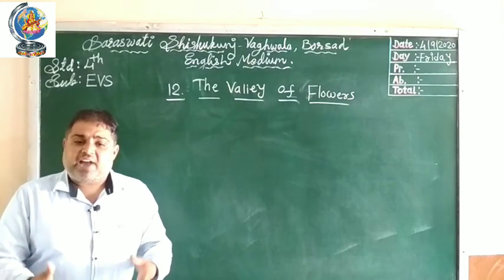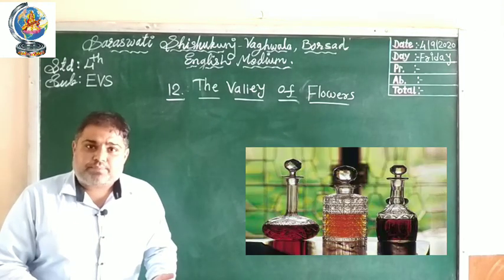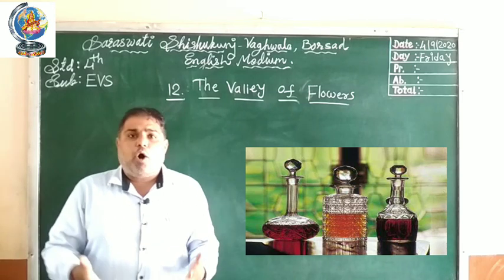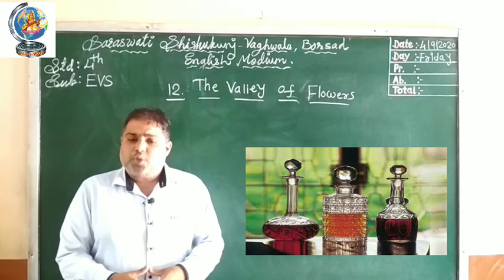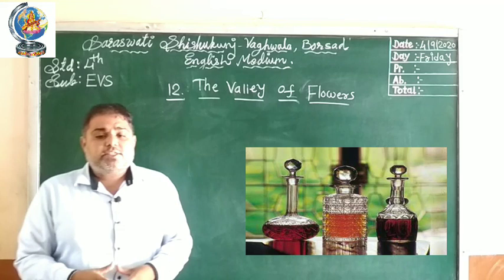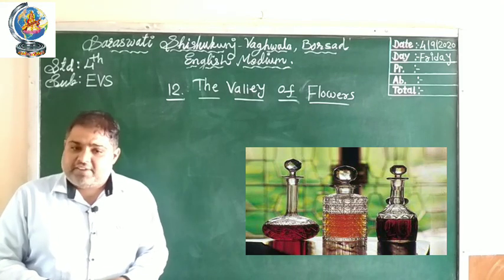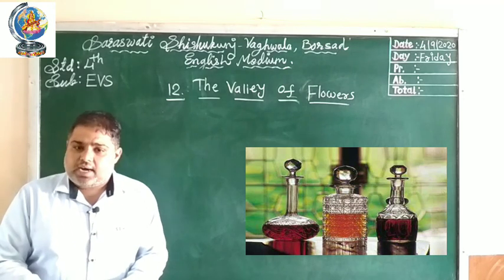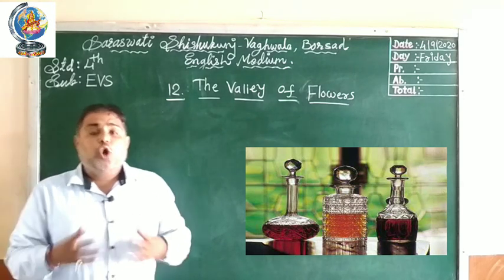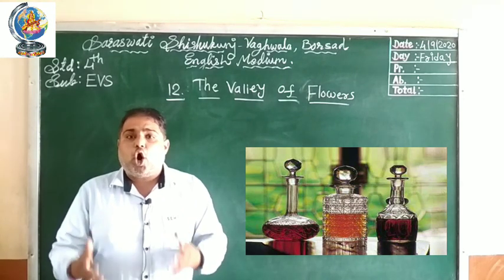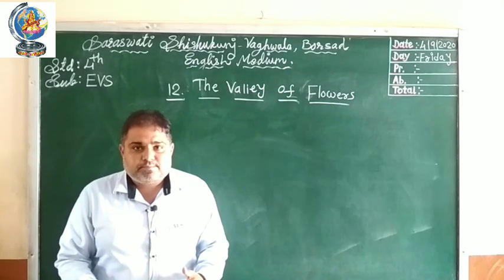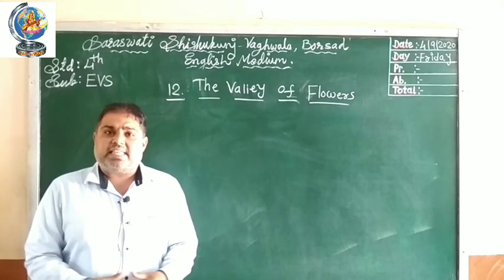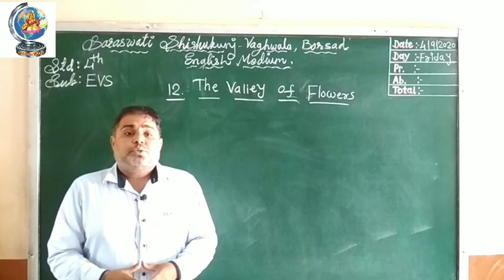Another use of the flower is to make itra. Itra means one type of perfume. So, itra is also made from flowers. A small bottle of itra is made from lots and lots of flowers. So, students, where is this itra made?